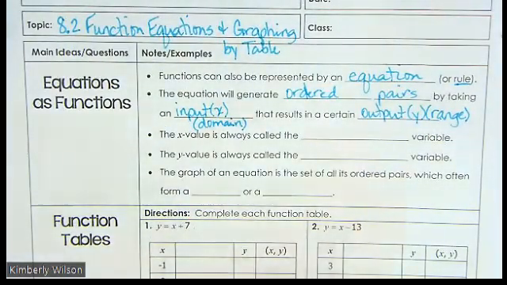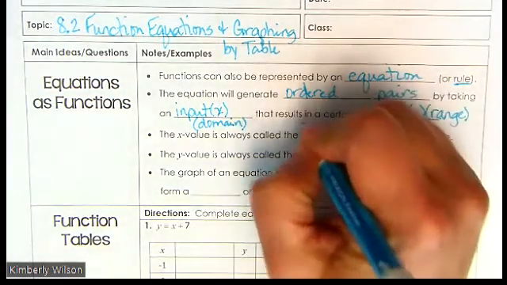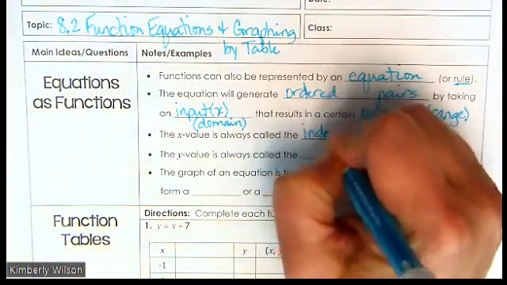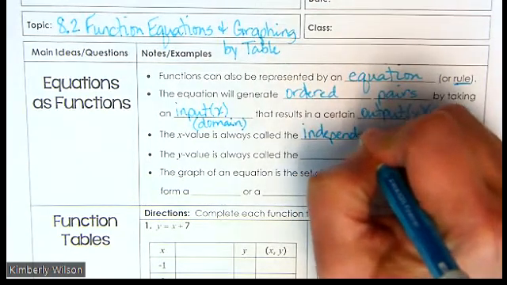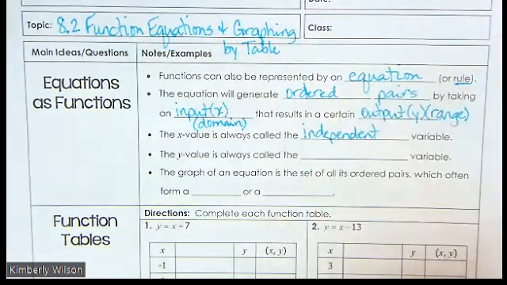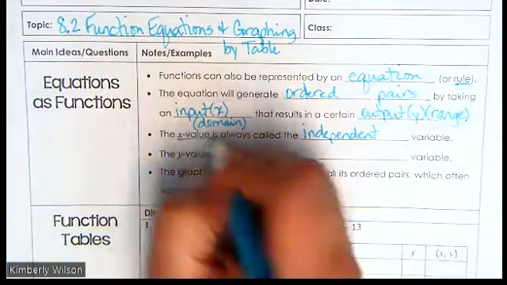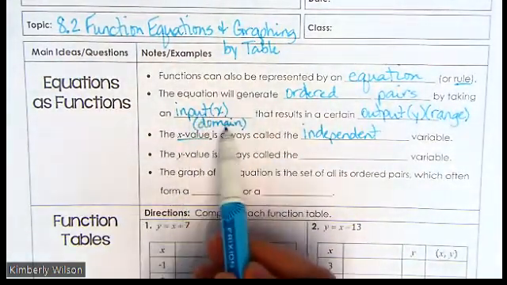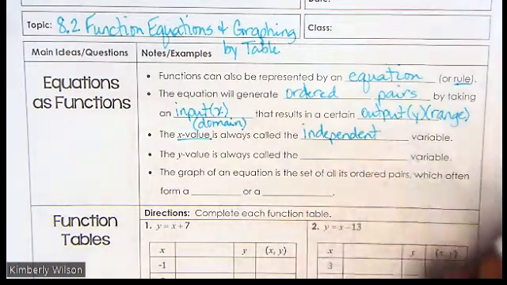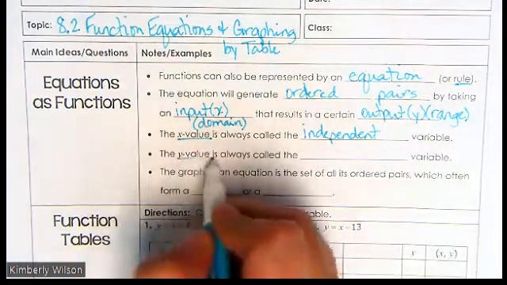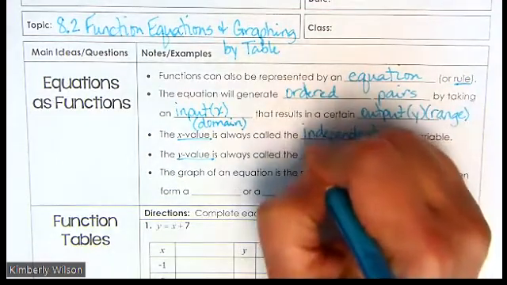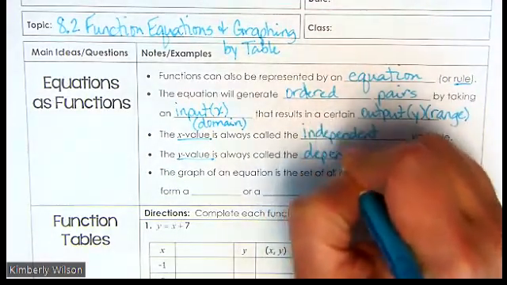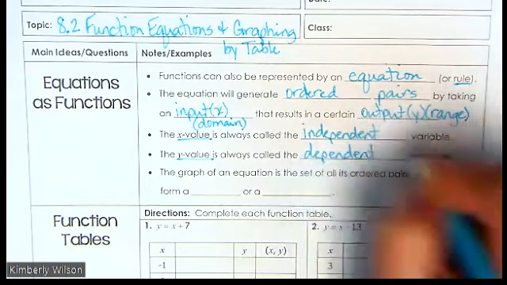The x value is always called the independent variable. So x value is input, domain, and independent. Y value is output, range, and dependent variable.